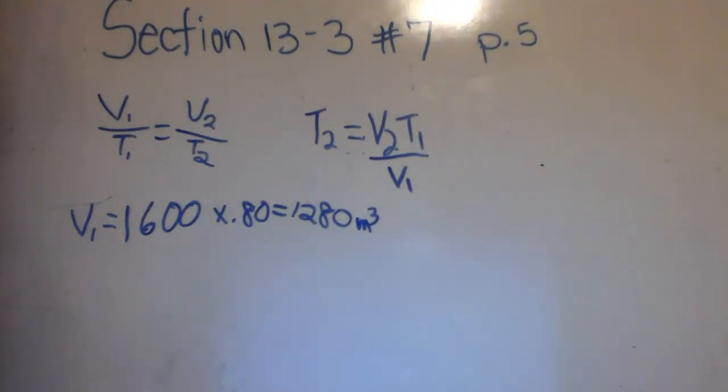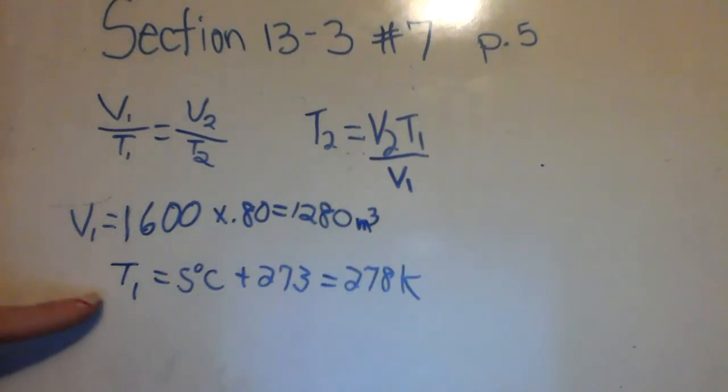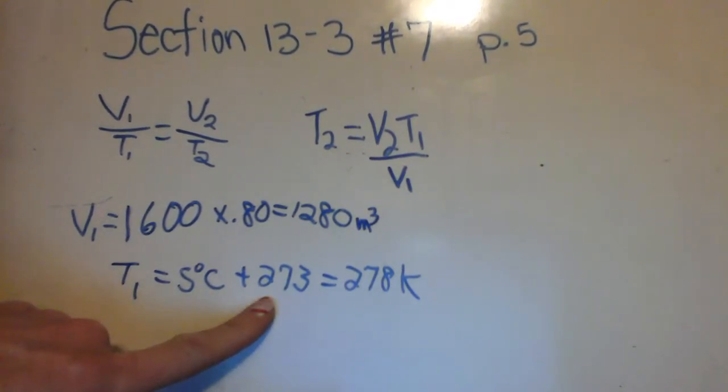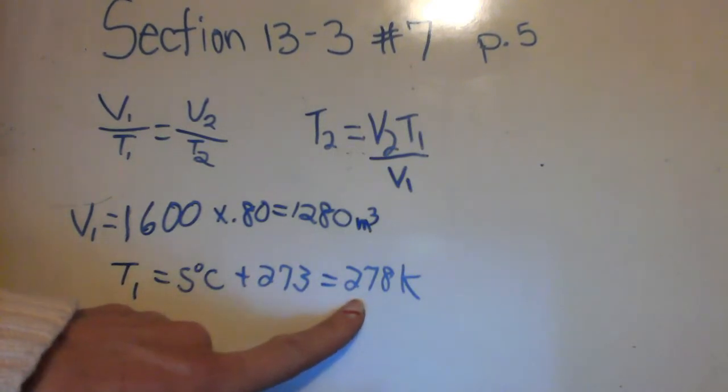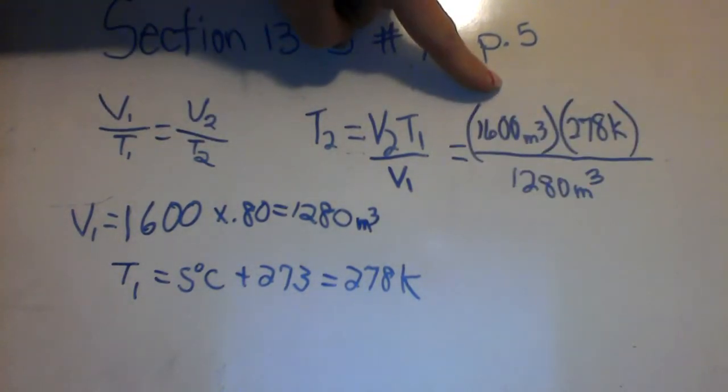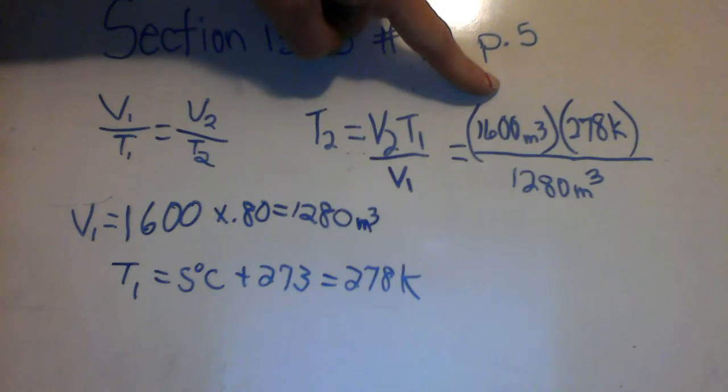Another problem we have is the temperatures have to be converted to the Kelvin scale. The first temperature is 5 degrees Celsius. We add 273 in order to convert it to kelvins. That gives us 278 kelvins. Now we can put the numbers into the equation. We substitute the second volume for 1600 meters cubed.